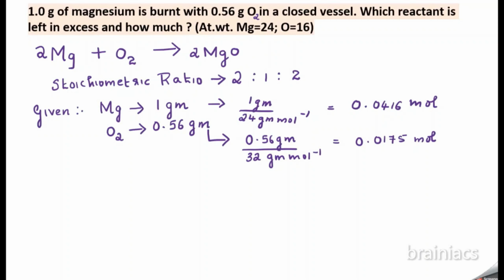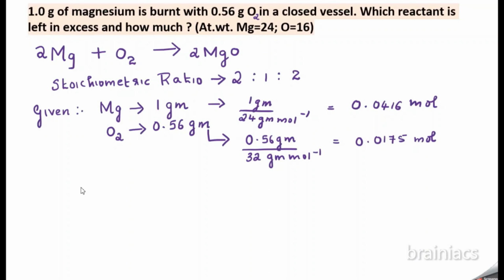Now as per stoichiometry, tell me how much mole of magnesium is reacting with how much mole of oxygen to produce how much mole of magnesium oxide.